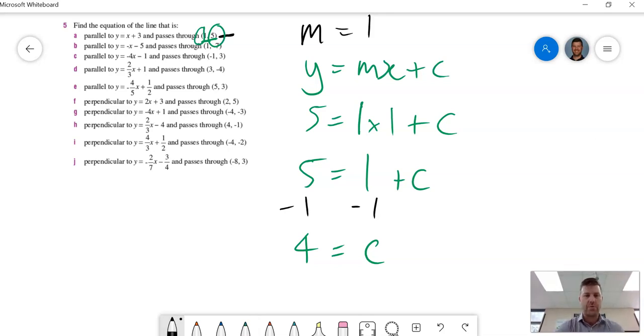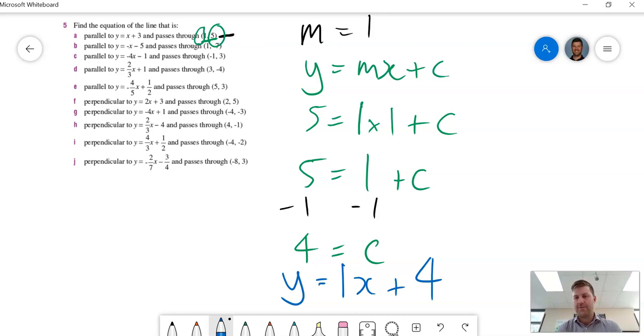So the equation will look like this. So y equals 1x plus 4. Or y equals x plus 4. Again, there's no need to have that 1 there if it's the value of 1.